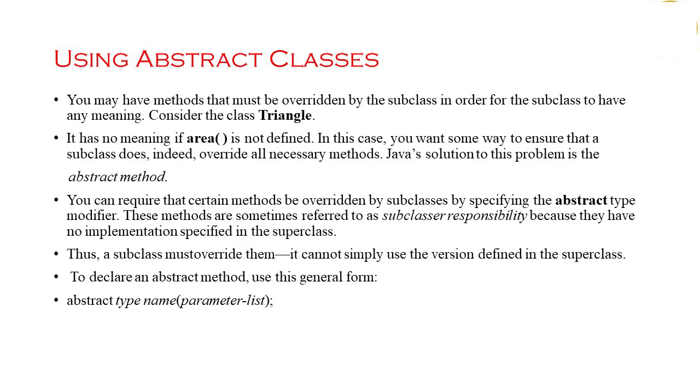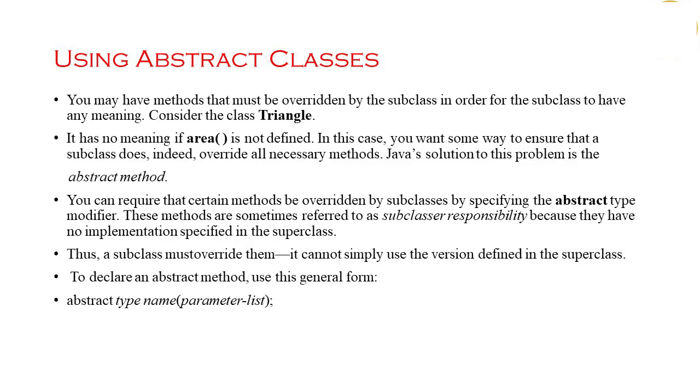You can require that certain methods be overridden by subclasses by specifying the abstract type modifier. These methods are sometimes referred to as subclass responsibility because they have no implementation specified in the superclass. Thus, a subclass must override them. It cannot simply use the version defined in the superclass.